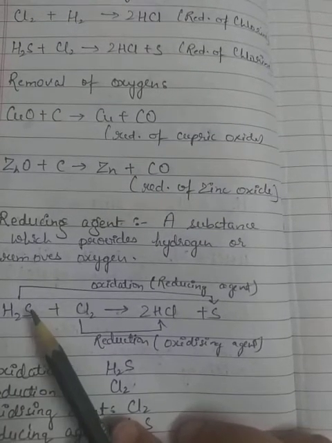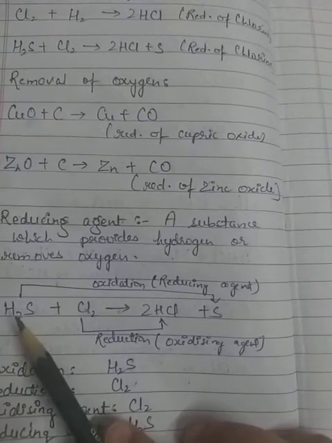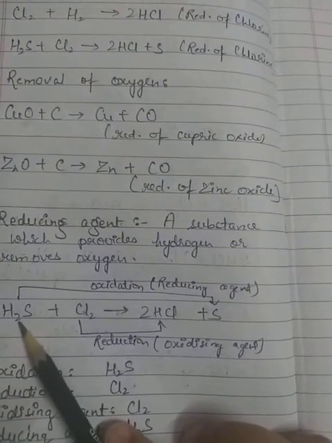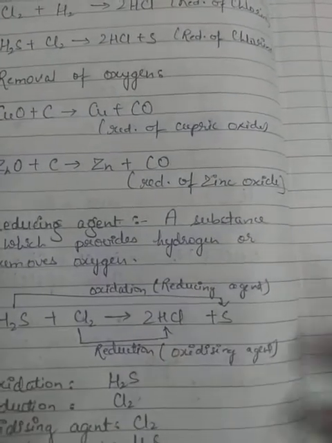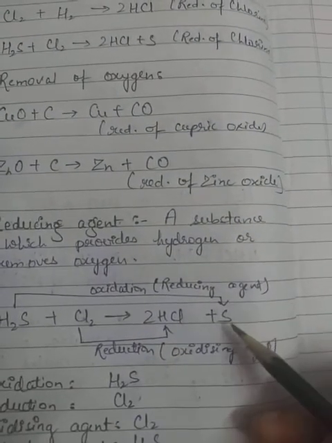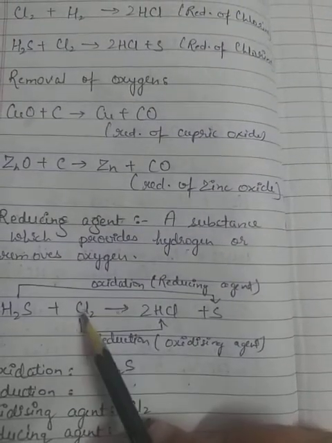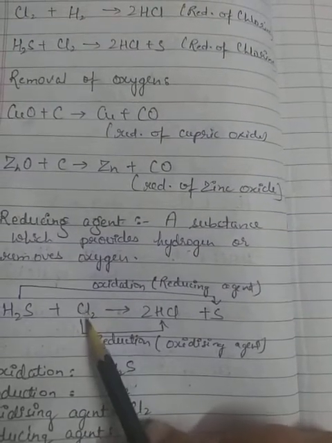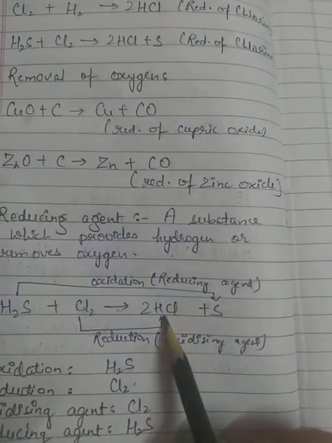From this H2S, removal of hydrogen is taking place, and we are getting sulfur. It means H2S is getting oxidized. If we see chlorine, chlorine is gaining hydrogen here, it means reduction of chlorine is taking place.